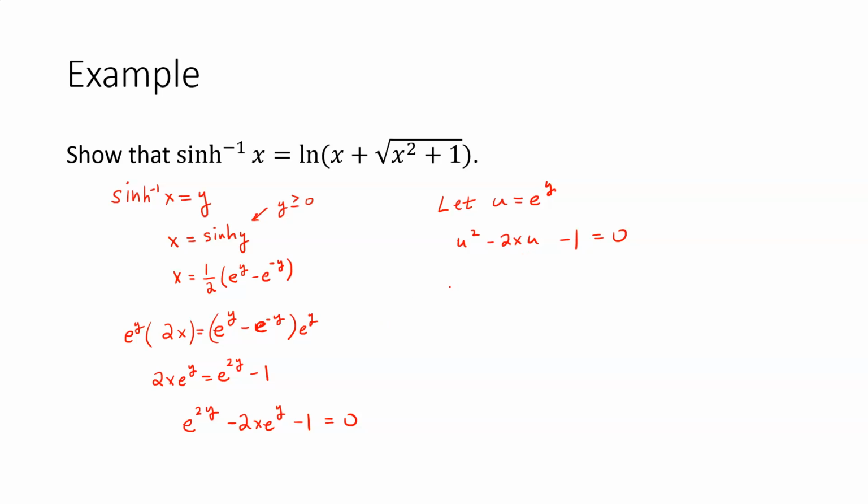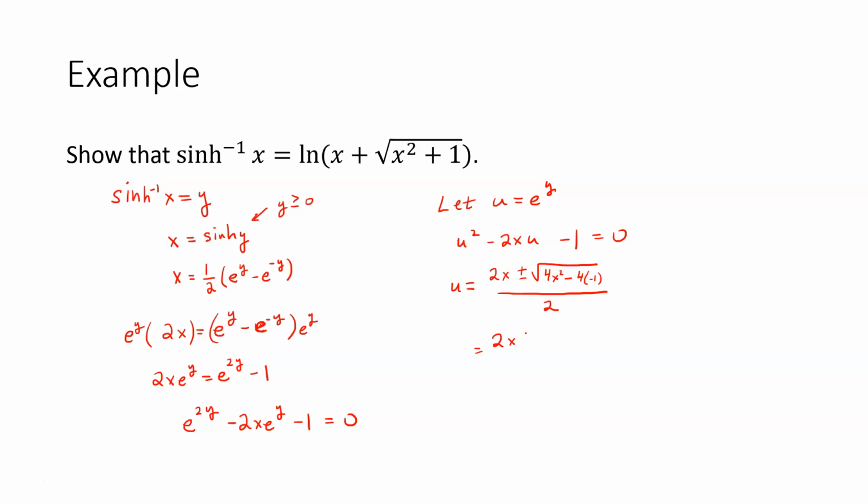So I'm going to use the quadratic formula to solve for u. So it would be negative b, which would be negative 2x, so 2x, plus or minus the square root of b squared, which would be 2x squared, so that would be 4x squared, minus 4ac, so 4 times 1 times negative 1, all over 2.